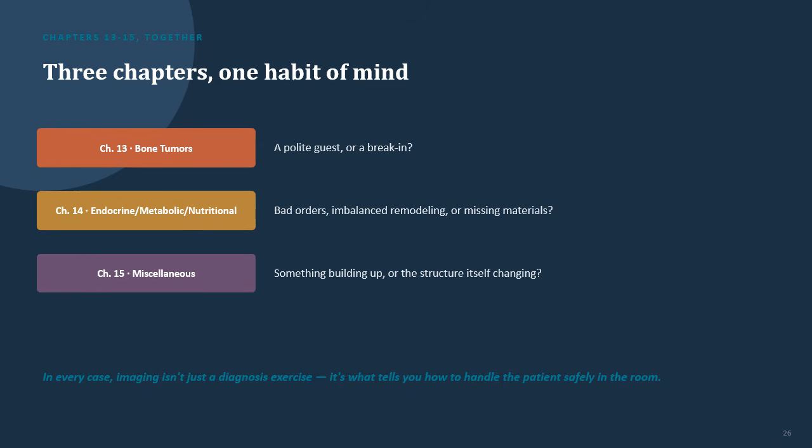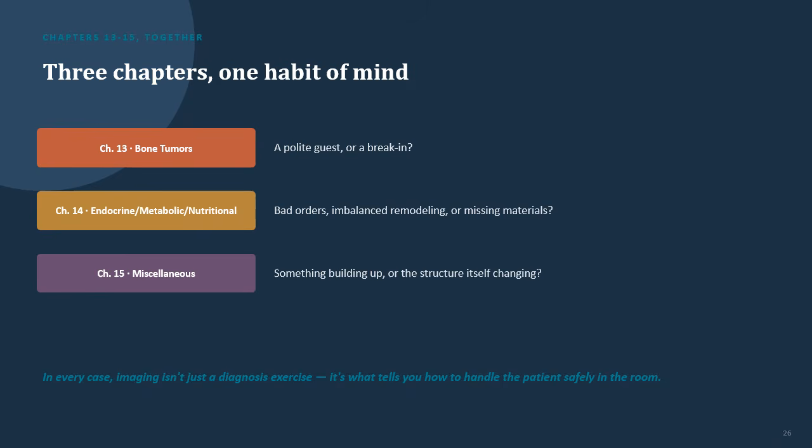And as a result, conditions such as rickets would develop, presenting in children as bow legs. The last chapter was the miscellaneous bone disease chapter. In that chapter, we had two categories that we were looking at as far as patterns. Something was building up abnormally, or we had some type of structural changes within the patient.